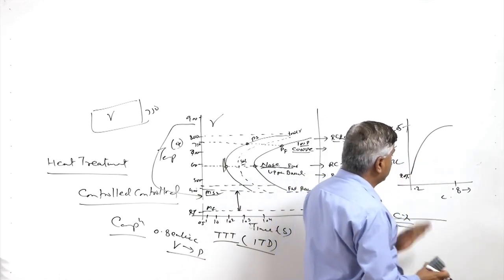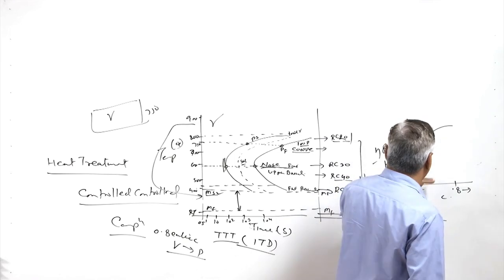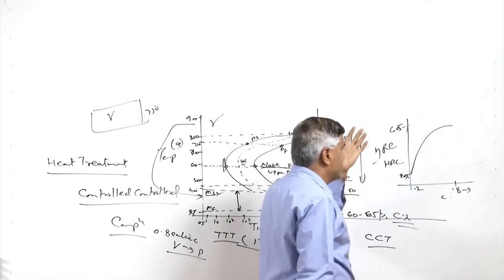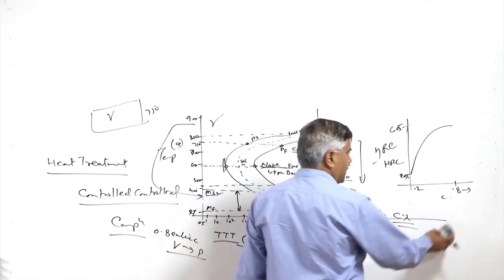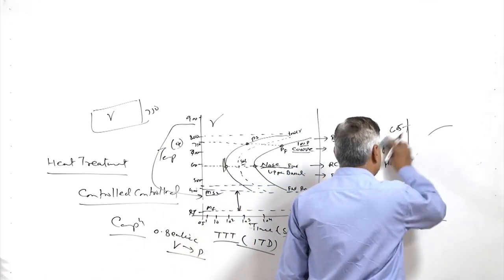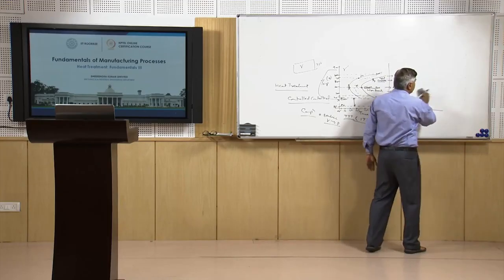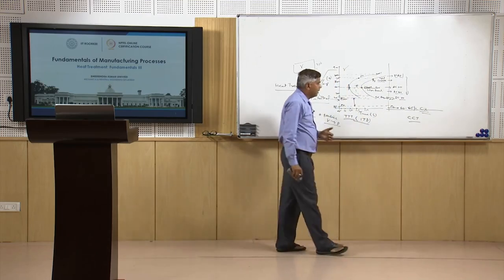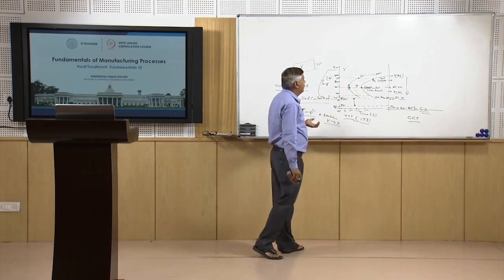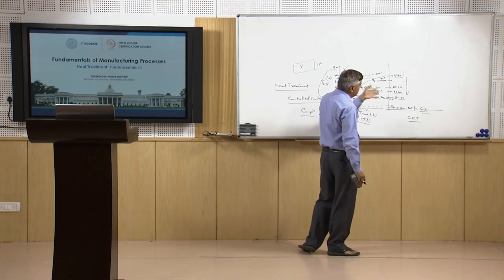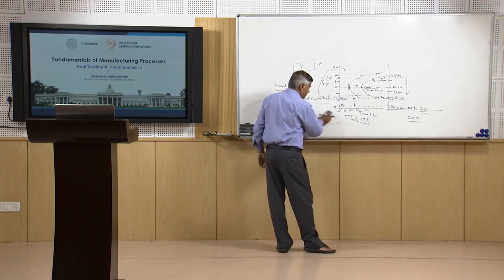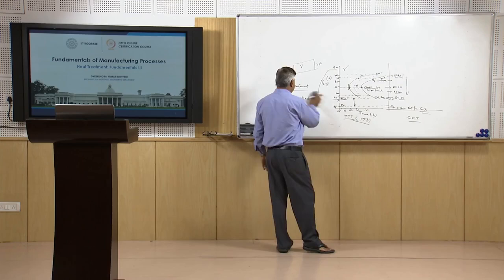So, with the increase in carbon content, when a steel is quenched, we get an increase in the hardness and strength of the steel. The maximum hardness achievable after martensitic transformation is a function of the carbon content present in the steel.